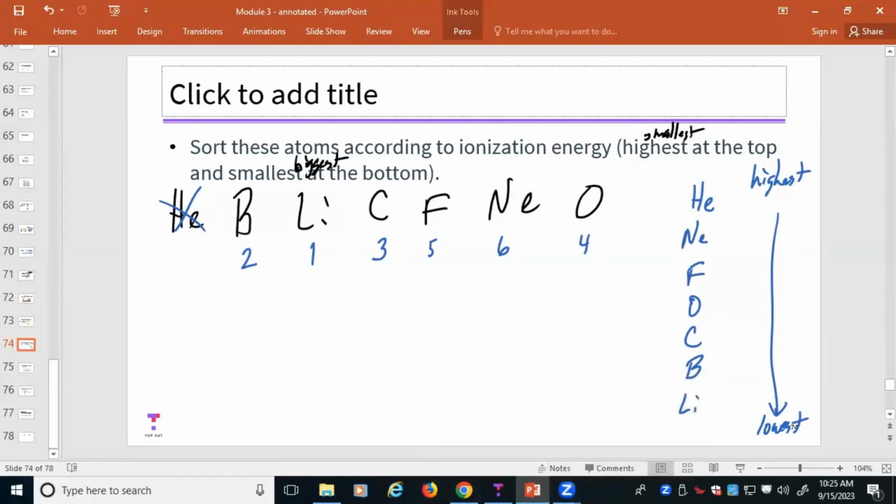Because again, without exceptions to cloud things up here, ionization energy is just a matter of size. The atoms that are the smallest are going to have the highest ionization energy. The atoms that are the largest are going to have the lowest ionization energy.